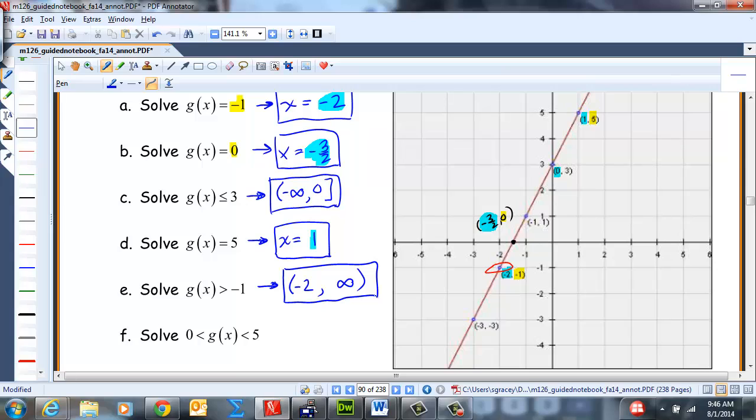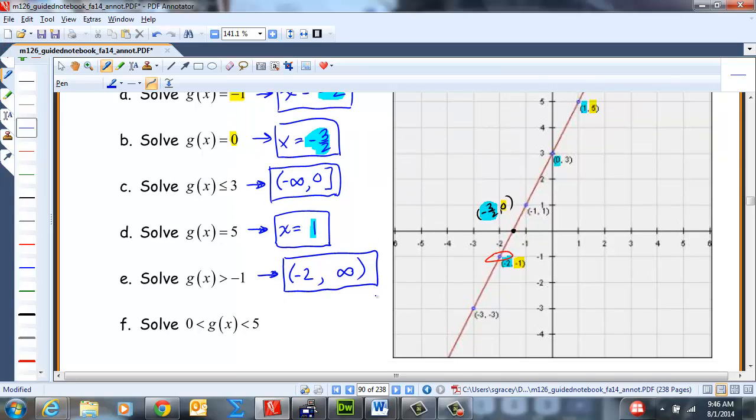And now we've got a compound inequality. So we want to know when the y values will fall between 0 and 5. So on this one, we're basically looking from here to here.